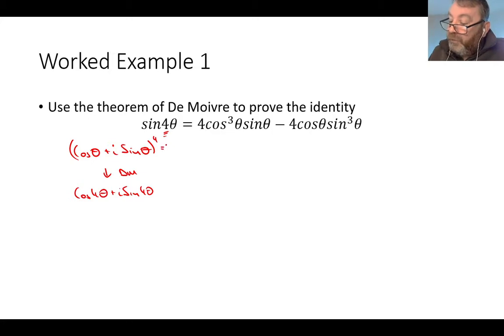In order to use the binomial expansion, we start off with 4C0 followed by cos theta and i sine theta.